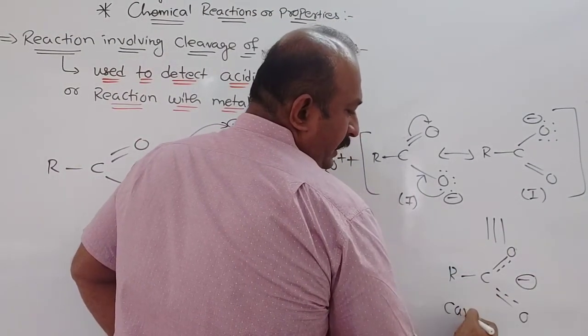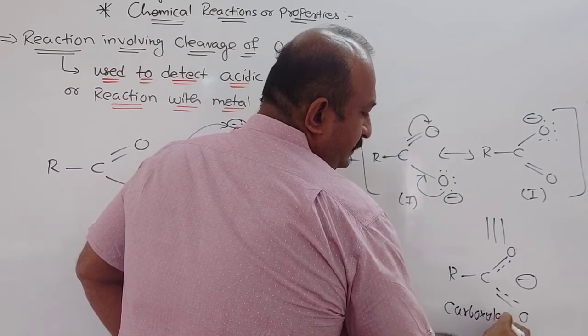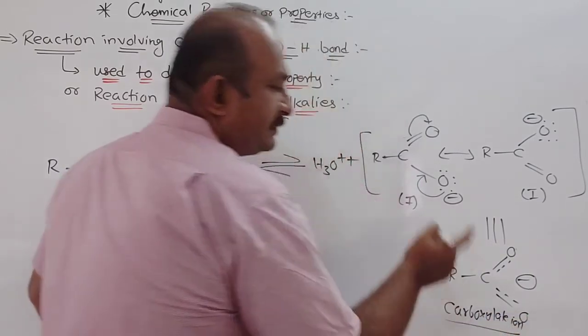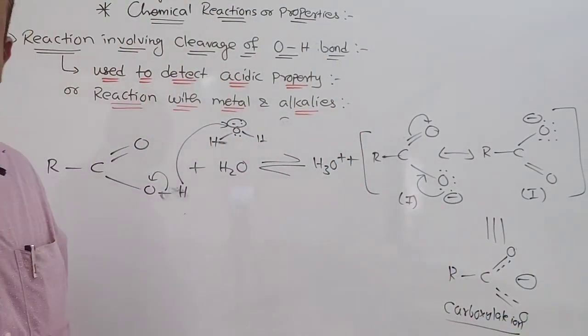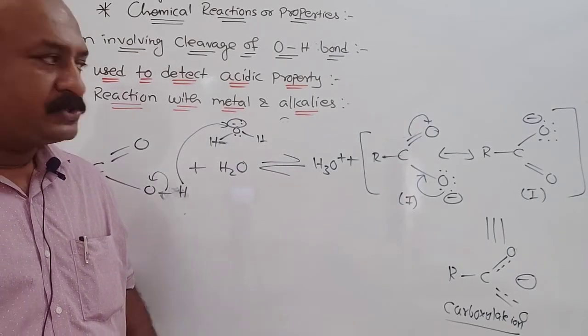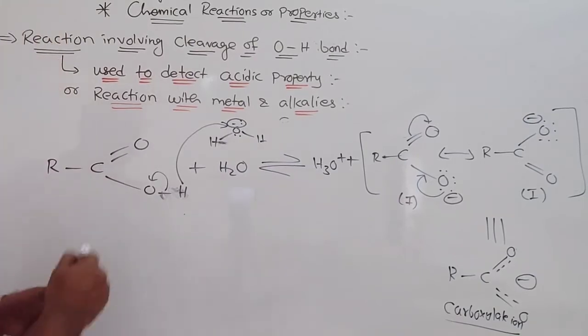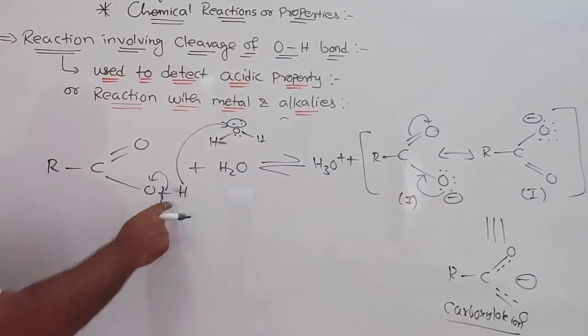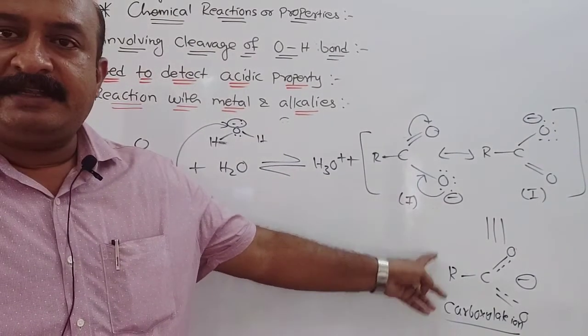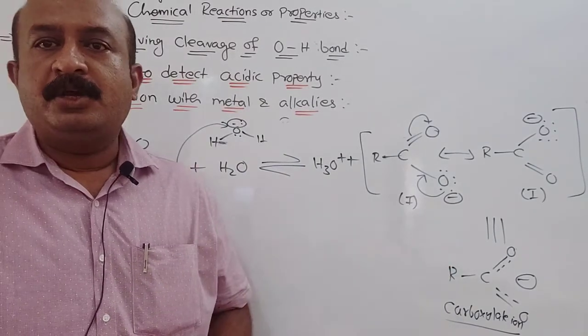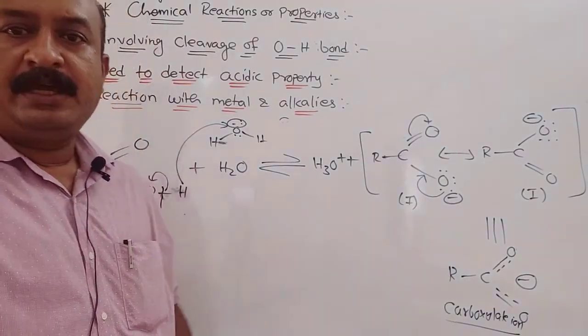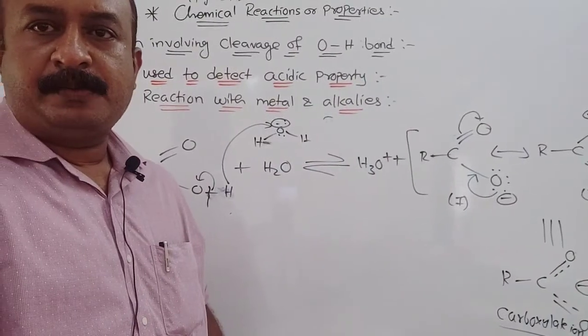So this is your carboxylate ion. This is the ion which gives the reactions I am talking about. Understood this part? So this was all about the cleavage of the OH bond, from here. Due to this cleavage, you get a carboxylate ion. That carboxylate ion gives you salts and everything. Okay? So I think this part is clear to you.